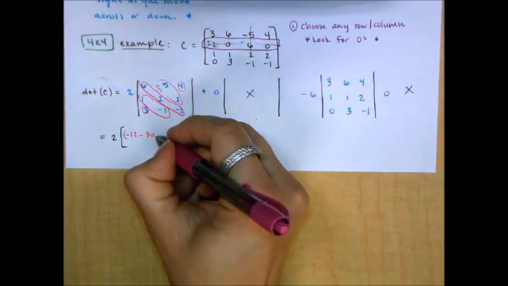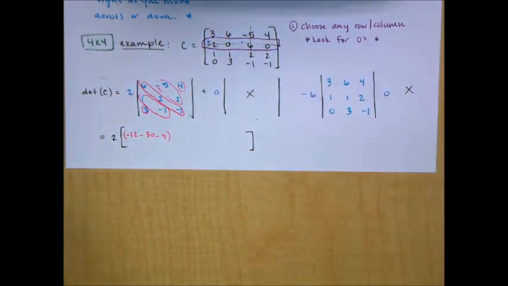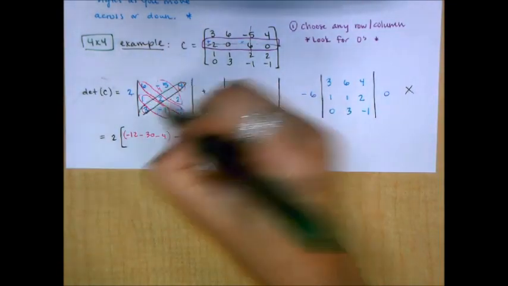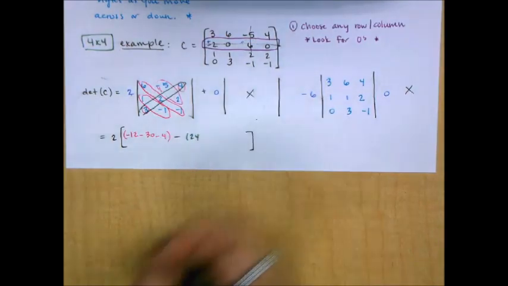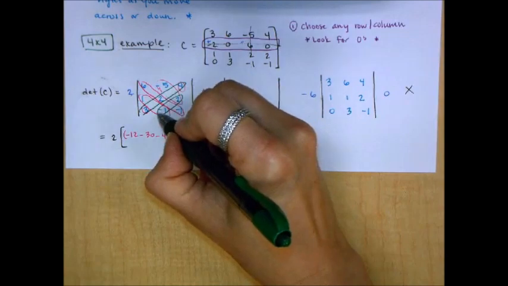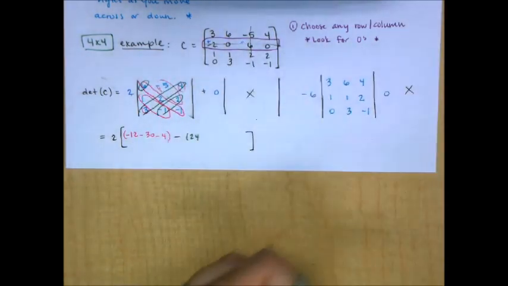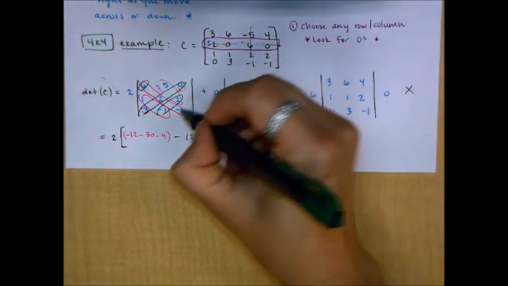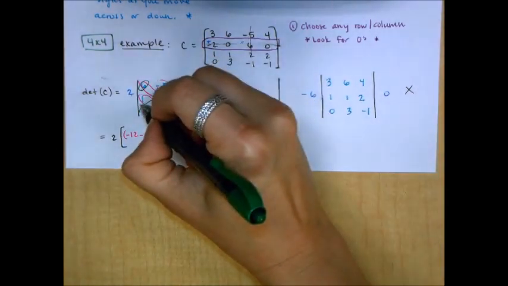Then we subtract, and we multiply the numbers in the opposite direction. 3 times 2 times 4 is 24. Negative 1 times 2 times 6 is negative 12. Negative 1 times 1 times negative 5 is 5.